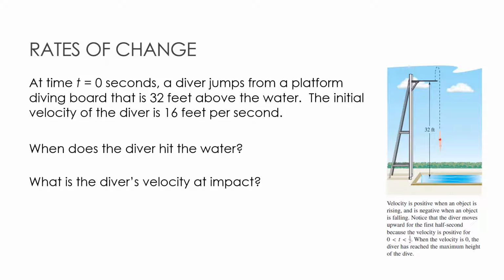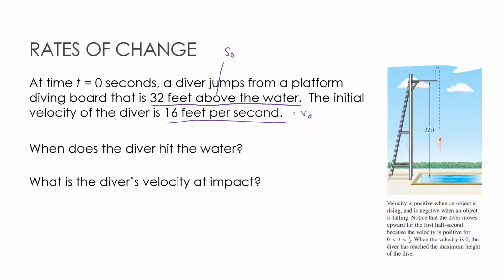First of all, it says at time t equals 0, a diver jumps from a platform diving board that is 32 feet above the water. So 32 feet above the water tells me the initial position of my diver, s sub 0. The initial velocity of the diver is 16 feet per second, so that is v sub 0.